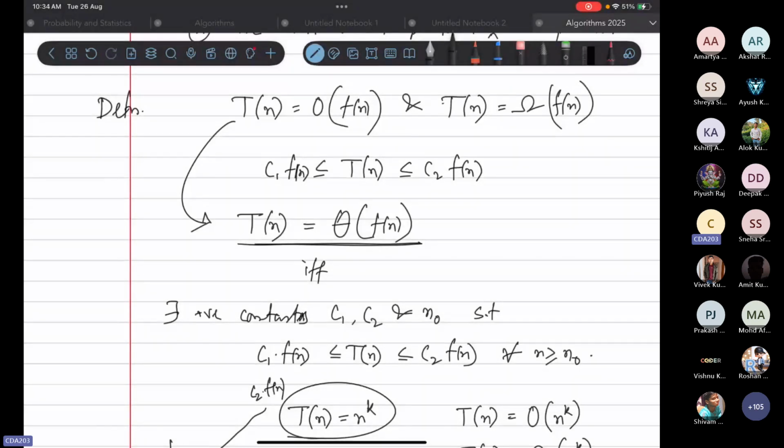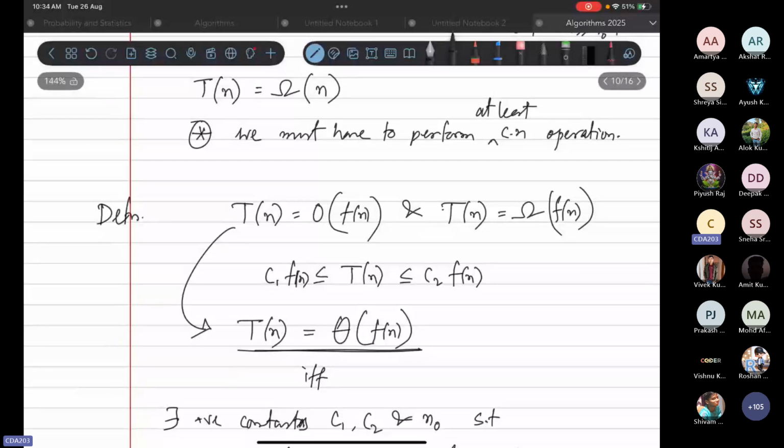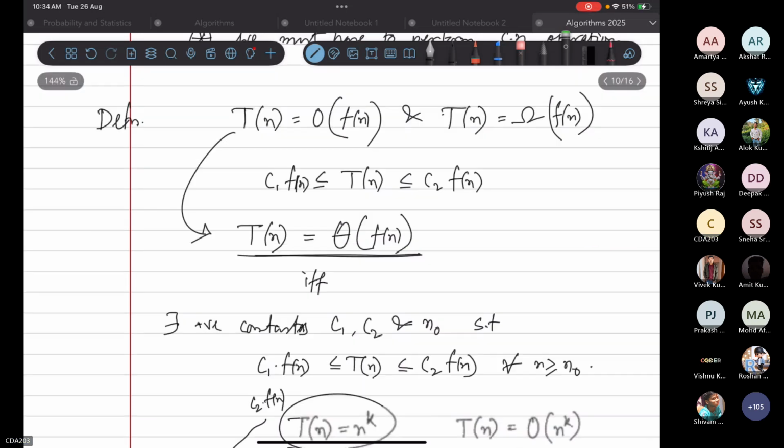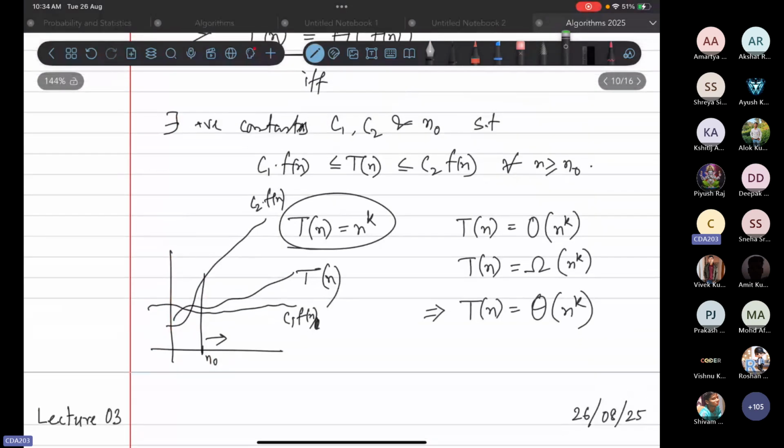And if we have both an upper bound and a lower bound with the same function, then we'll say T(n) is basically theta of f(n). Those things we discussed last time.